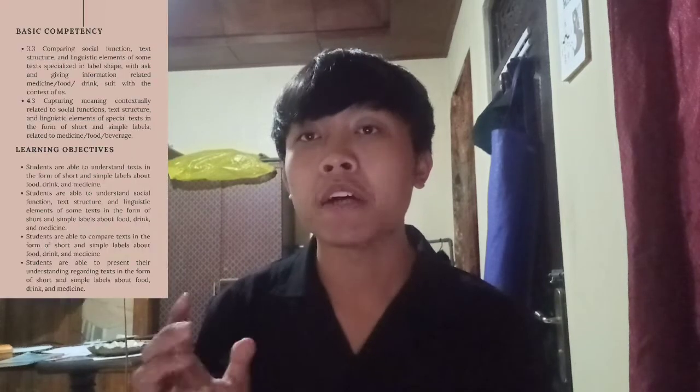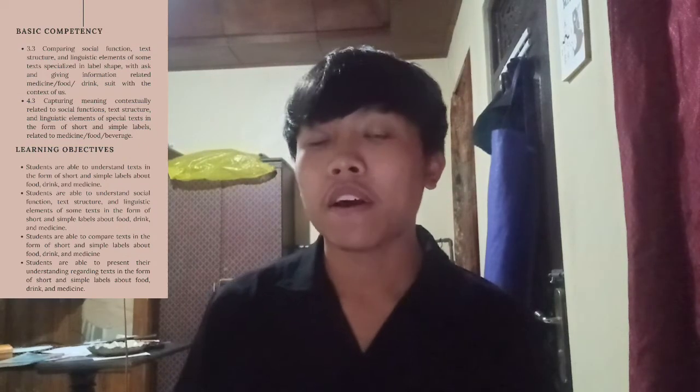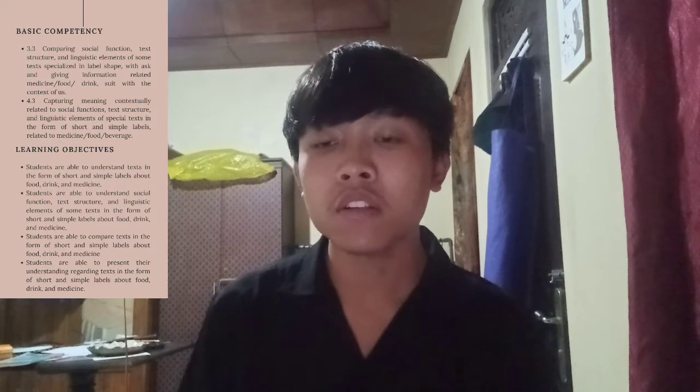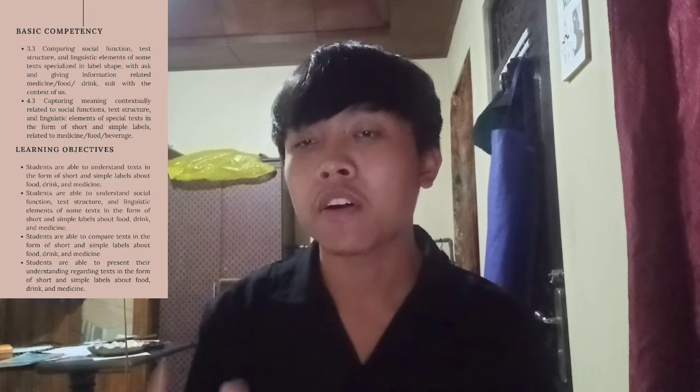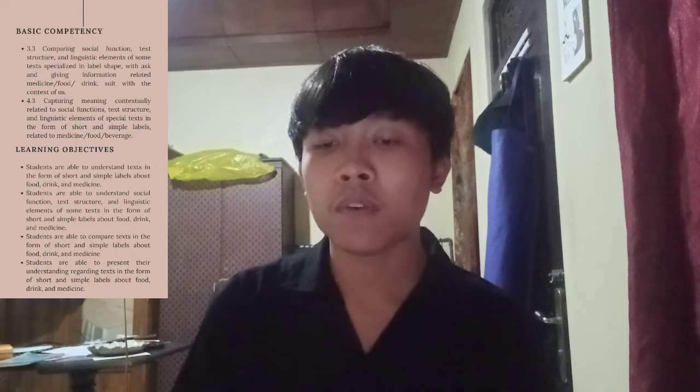And then next I have basic competences and learning objectives. So the basic competencies are as you can see on the screen. I also have the learning objectives here. There are 4 learning objectives.